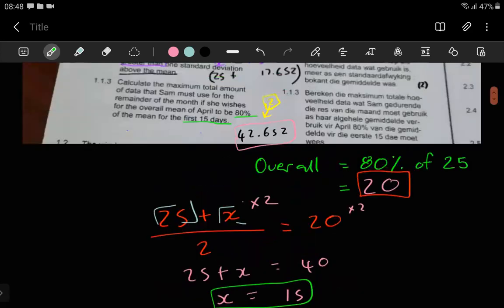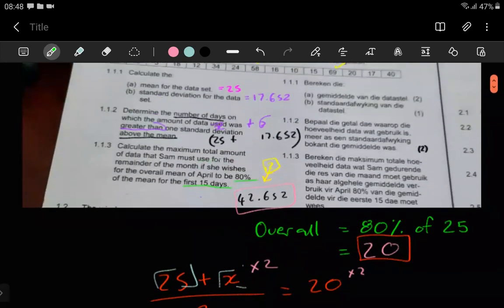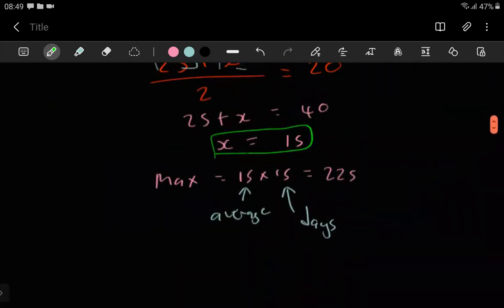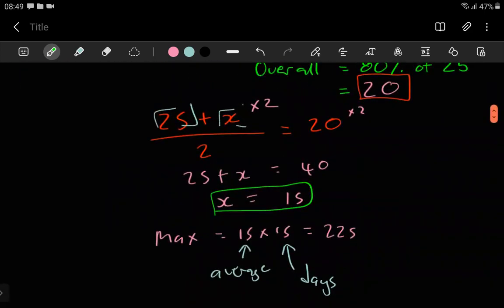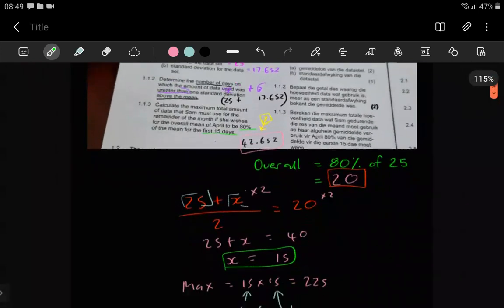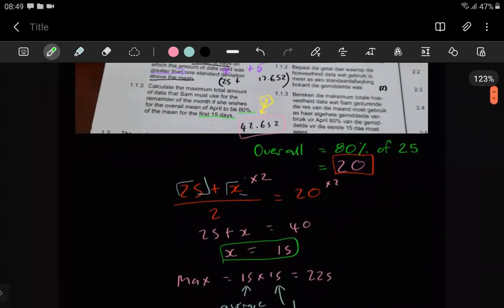Wait, hold on. Calculate the maximum total amount of data that Sam must use for the remainder of the month if she wishes the overall mean to be 80% of the mean. Not necessarily. Because they said we should calculate the overall mean.